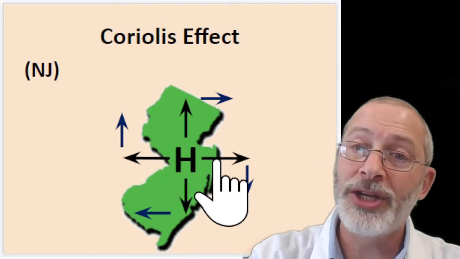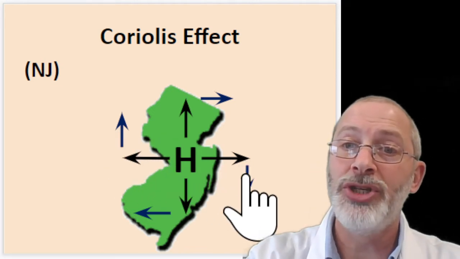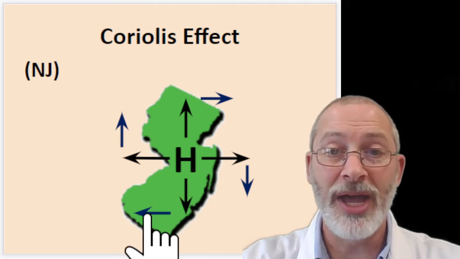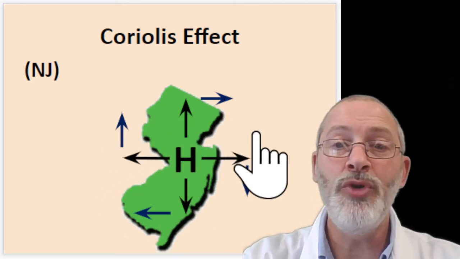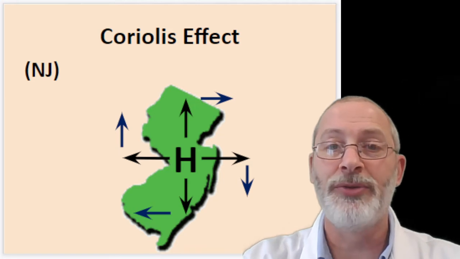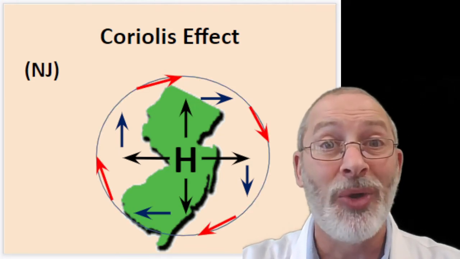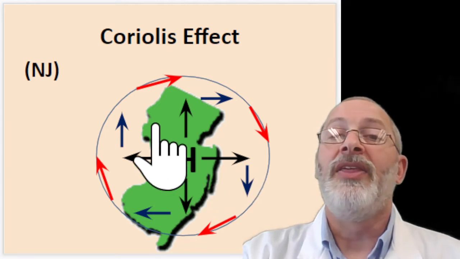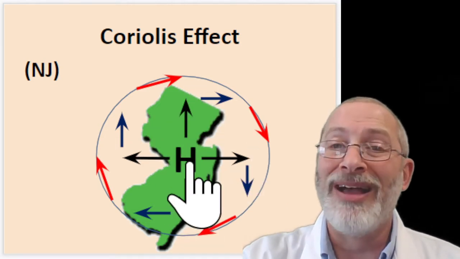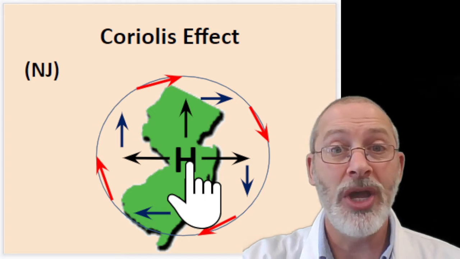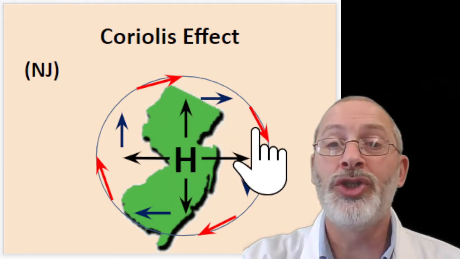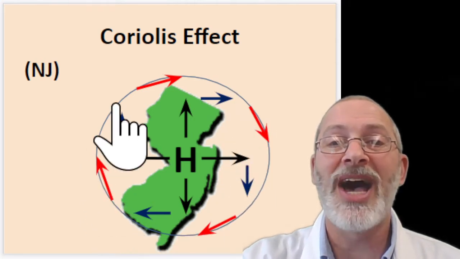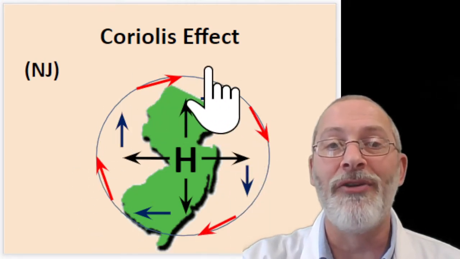Look in the other direction. Here's the arrow, shifted to the right. Looking south, shifted to the right. So all of the movement of the air is shifted to the right, and as a result, in the northern hemisphere, the airflow around a high pressure zone is going to produce a clockwise direction of airflow.